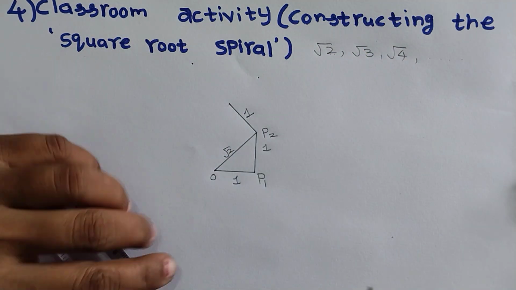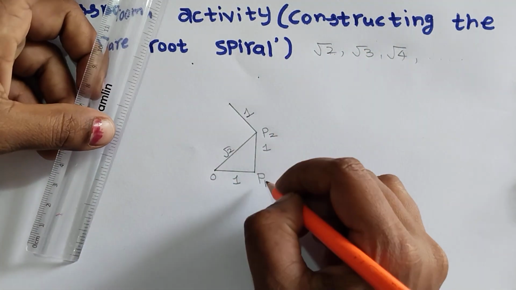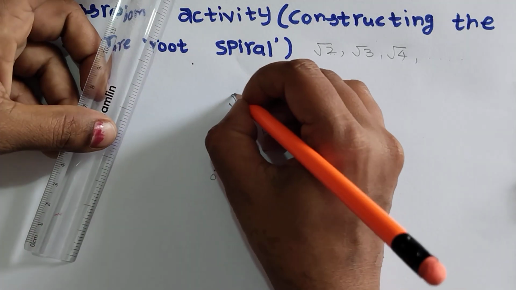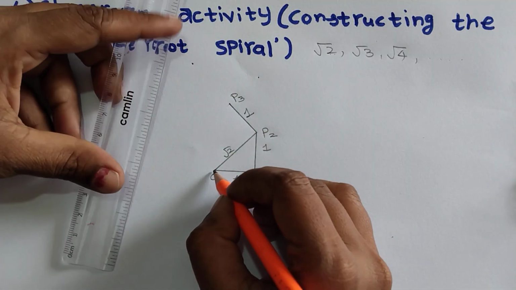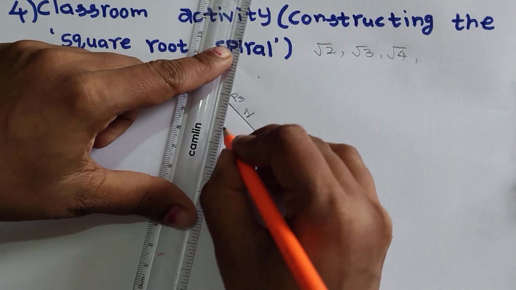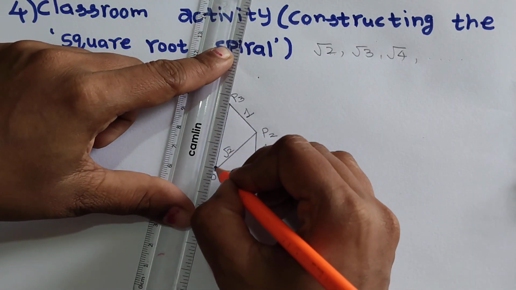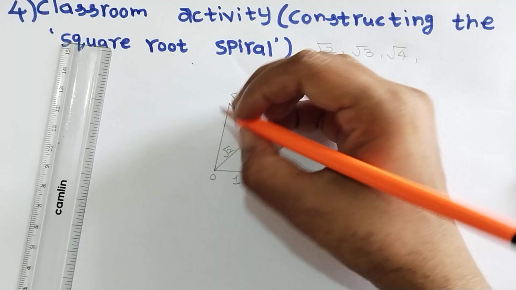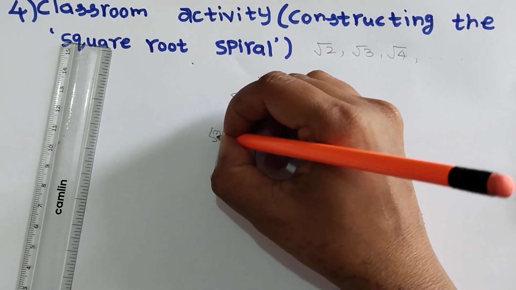It is 1. Join P3, and now we have to join OP3. OP3 is root 3.